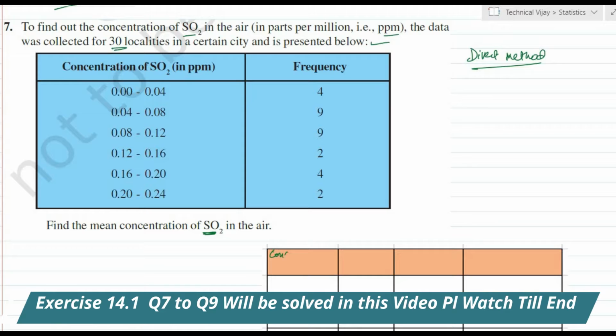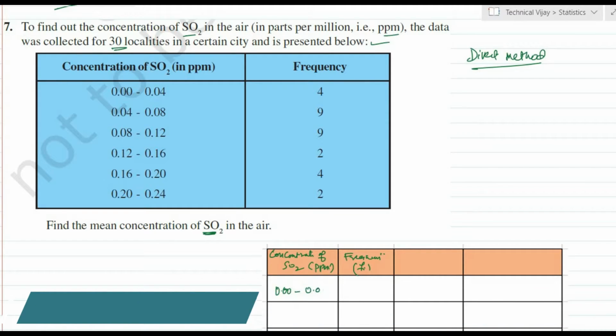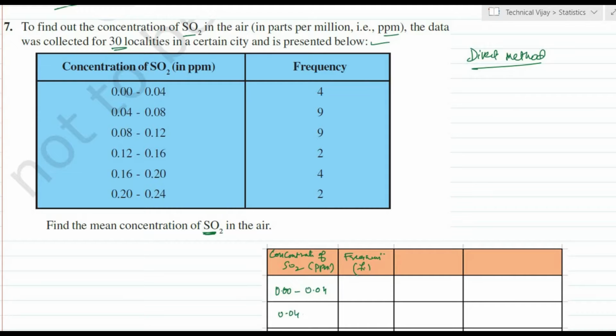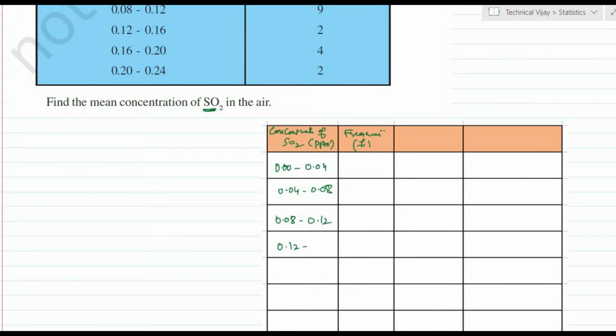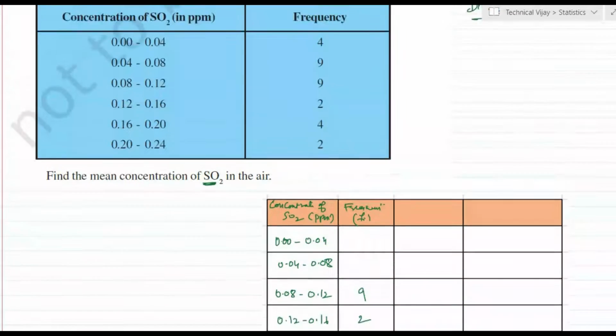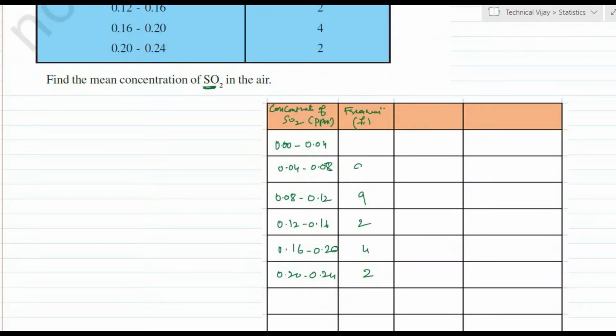Concentration of sulfur dioxide in ppm, and here the frequency, that is Fi. 0.00 to 0.04, 0.04 to 0.08, 0.08 to 0.12, 0.12 to 0.16, 0.16 to 0.20, and 0.20 to 0.24. The frequencies are 2, 4, 2, 9, 9, 4.